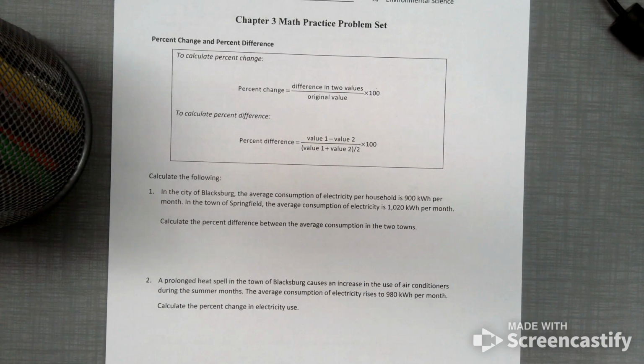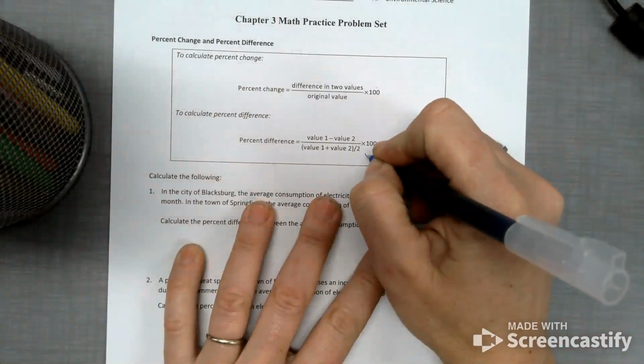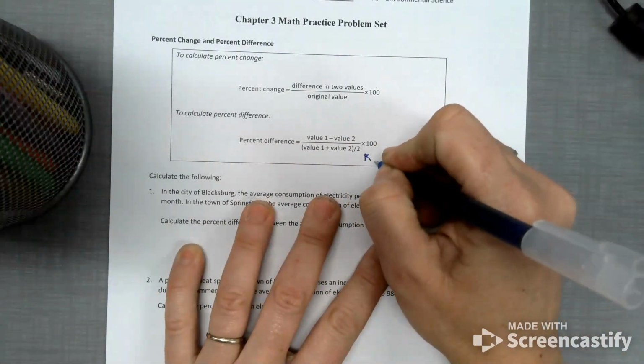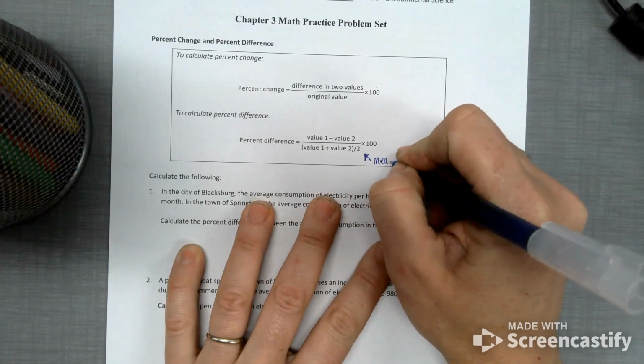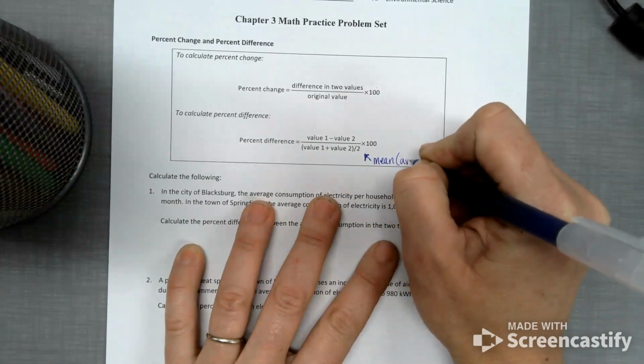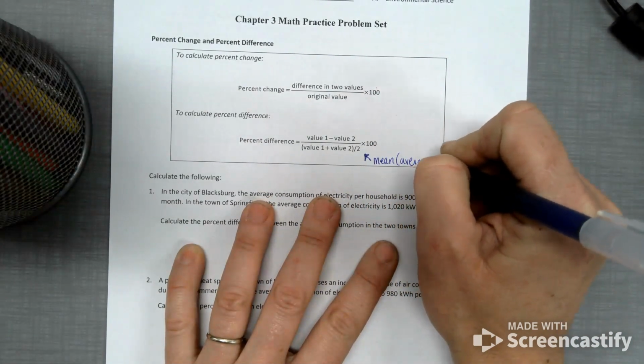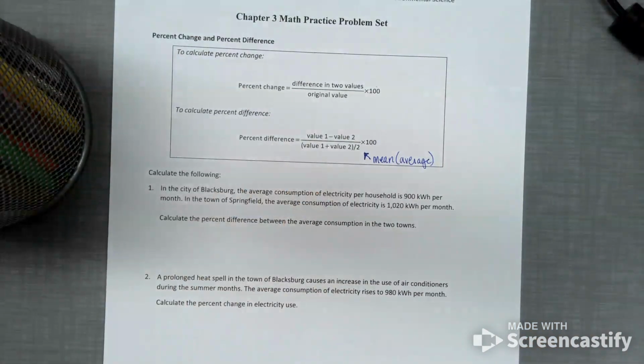And then to calculate percent difference, we're really looking at two values at the same moment, but then looking at the difference between those two values. So we use, in the denominator on percent difference, one of the things I want to point out is that this is the mean, which is average, and that's the average between the two values that you use instead of the original value.